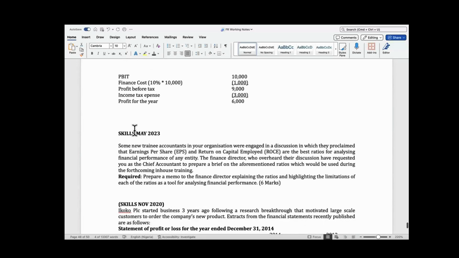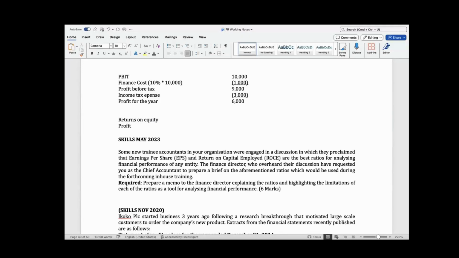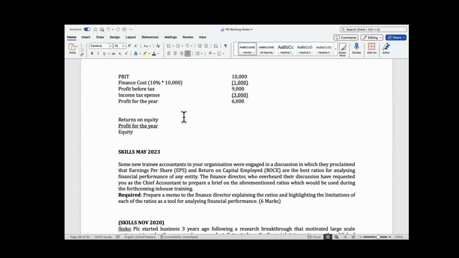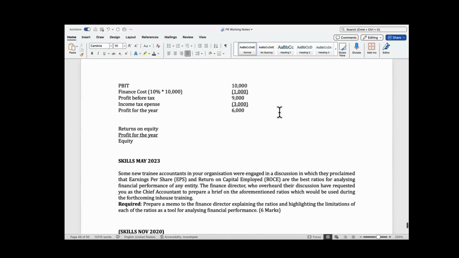So first, returns on equity to be profit for the year all upon equity. And profit for the year as computed above, 6,000.